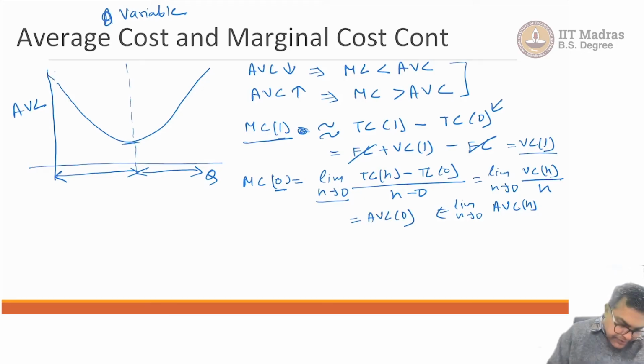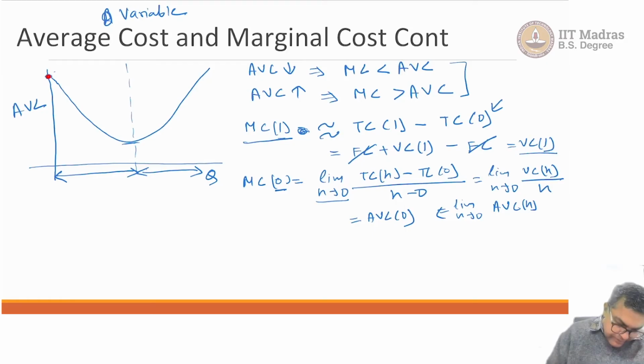So, in the very beginning, if we go like this, at this particular point, if we use a different color to indicate, marginal cost at this point is going to be equal to average variable cost.